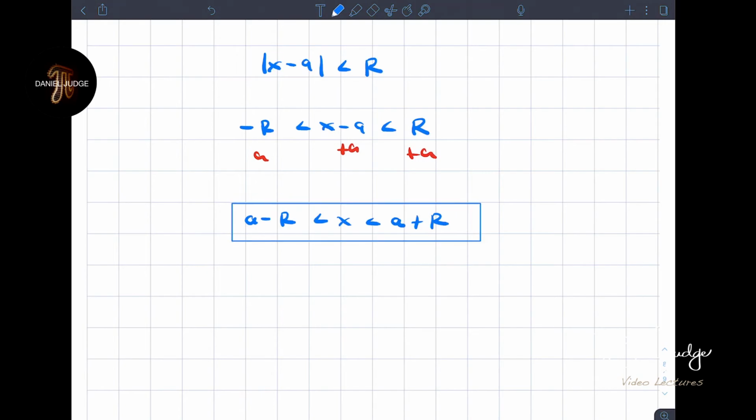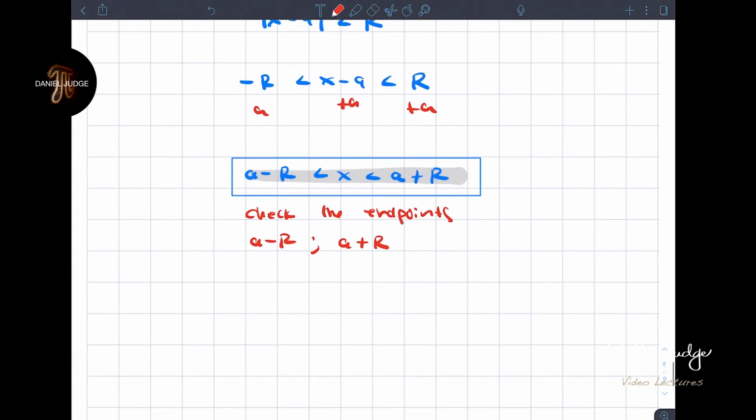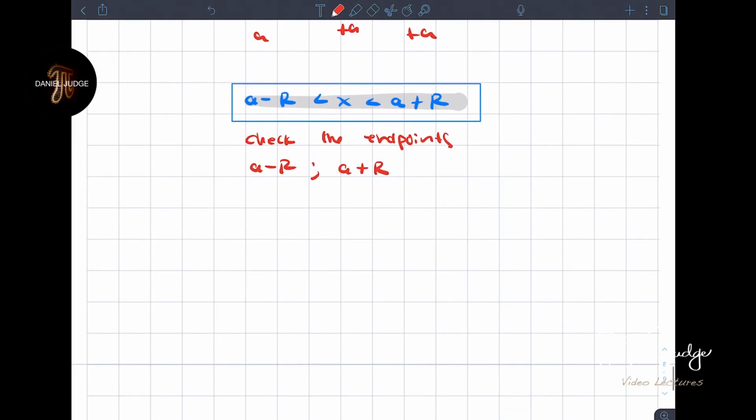And that's how your general answers look in terms of what we call the interval. They look like this. But you do have to check the endpoints, that means a minus r and a plus r, to make sure you get the right answers.